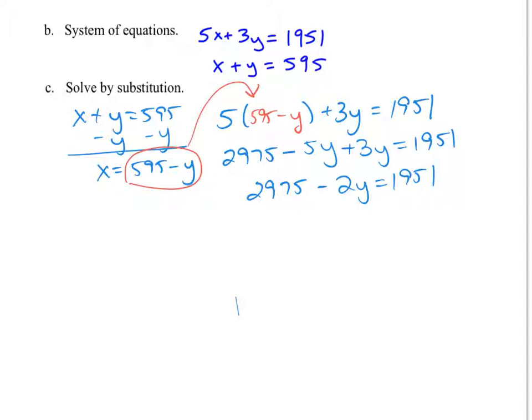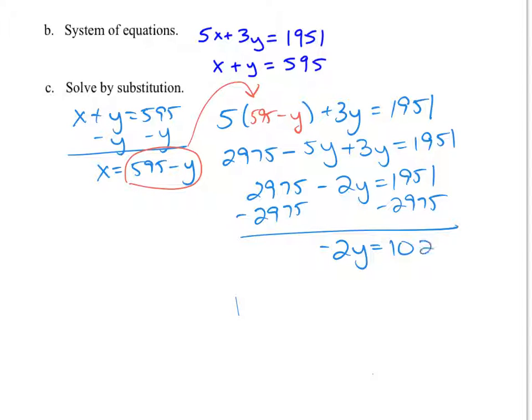Now it's a two-step problem. So I subtract 2975 on both sides. Get negative 2y equals negative 1,024, a negative, of course. And so I divide by negative 2.